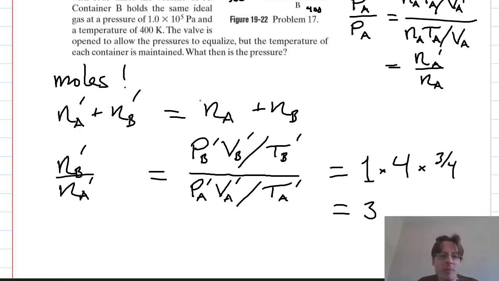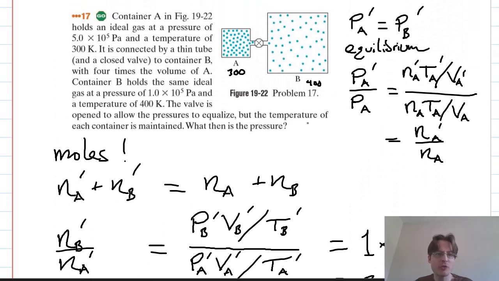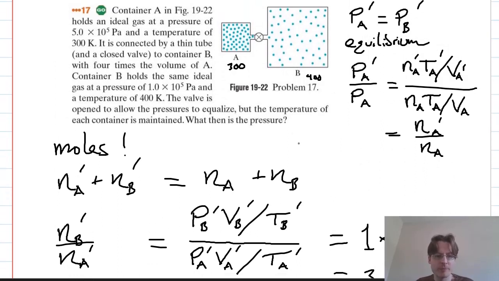Finally, I just need to do the same thing again for the initial number of moles. Can I figure out how NB compares to NA at the beginning? The answer is yes, just like I did here. Again, I'll have the ratio of the pressures. Now it's the pressures at the beginning. Now at the beginning, the pressures were 5 times 10 to the 5th and 1 times 10 to the 5th.